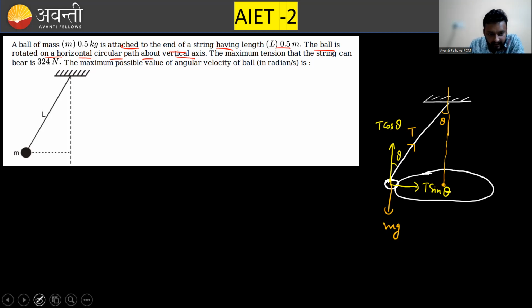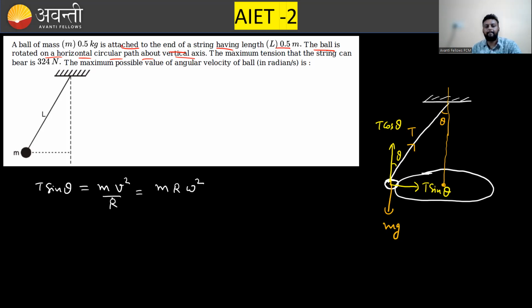So you can write T sin theta is providing the centripetal force. That means mv square by R, where R is the radius. Or in terms of omega, you can write it as m r omega square. So T sin theta is m r omega square.